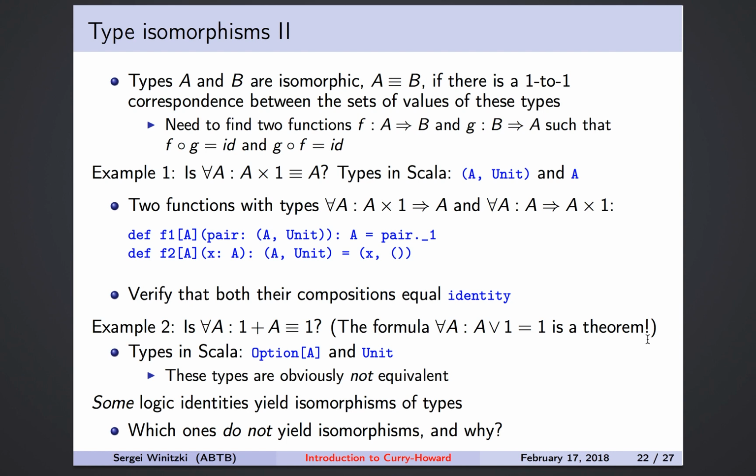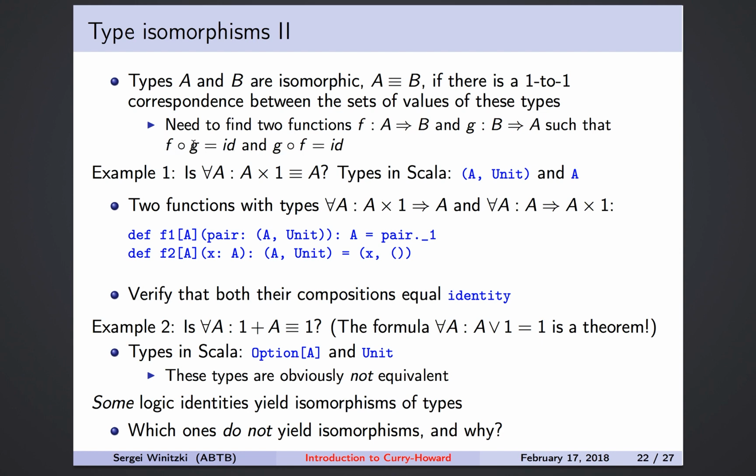The types are isomorphic, and we will use this notation for that, if there is a one-to-one correspondence between the sets of values of these types. And in order to demonstrate that, we need a pair of functions, one going from A to B, the other going from B to A, such that the composition of these functions in both directions is equal to identity function.